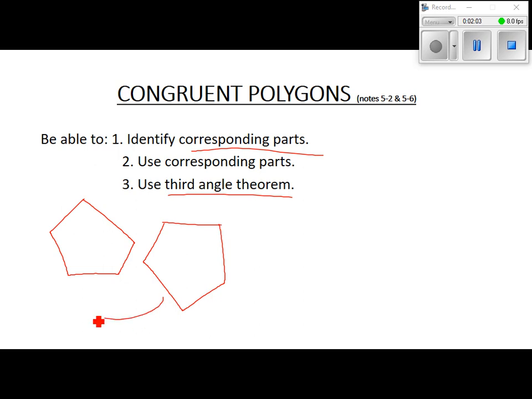We may have to spin this around, but whatever sides match up, so maybe this side ends up matching up to this side, those are corresponding parts. Maybe this angle matches up to this angle, those are corresponding parts. That's all they are, the parts that match up when you lay the two congruent polygons on top of each other. Most of them that we deal with are going to be triangles.